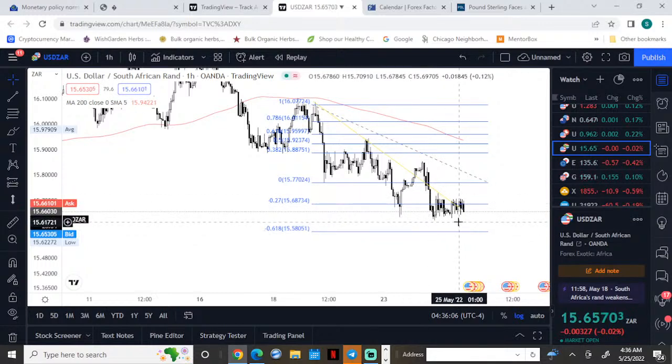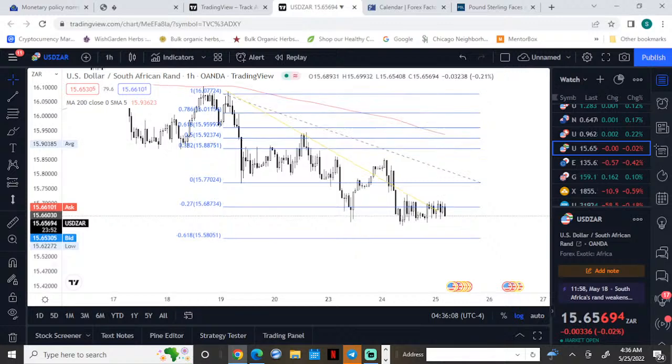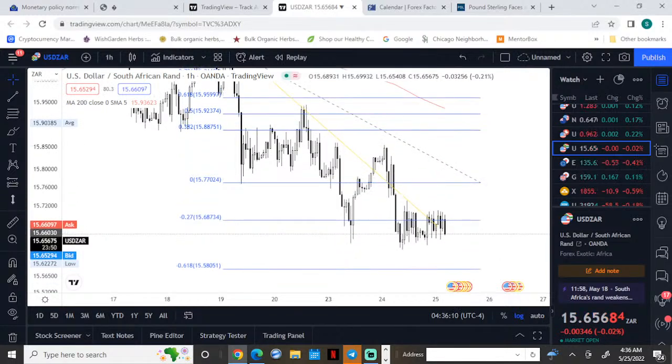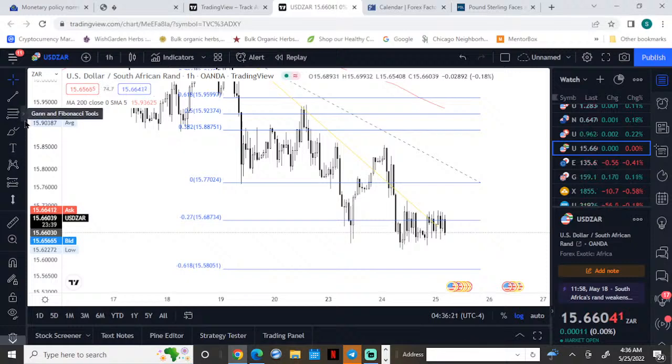All of this consolidation right here, I'm watching it. I won't trade this until July. I'm forward testing it, to see if I like the way it moves.